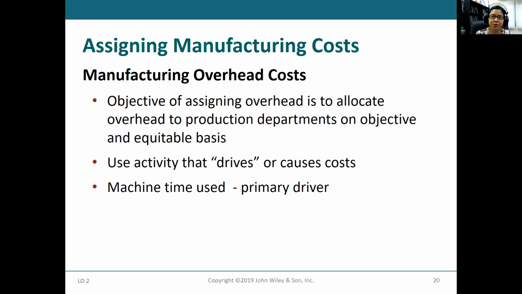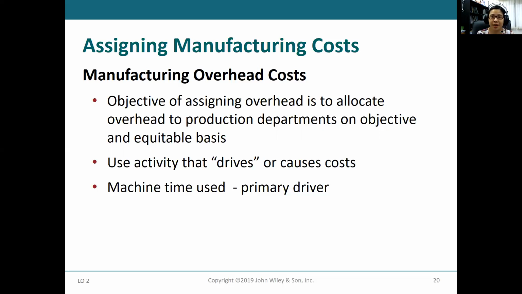What about manufacturing overhead costs? How do we record the journal entry when we apply manufacturing overhead into the production process? We're going to do the same thing. First of all, you will need to find how much is the applied manufacturing overhead.